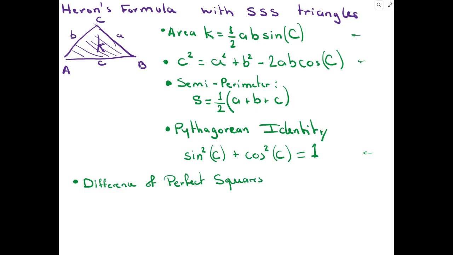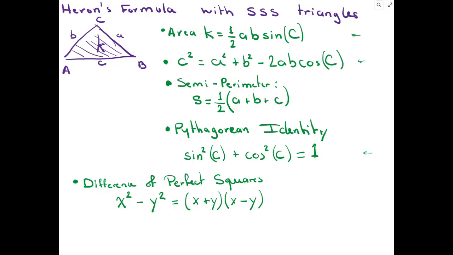And here I'm going to use X and Y so that I'm not getting too mixed up with all the letters A, B, and C. The difference of perfect squares is that when I have something squared minus something else squared, so X squared minus Y squared, I can factor that as the conjugates X plus Y times X minus Y. Okay, so we need to remember that.